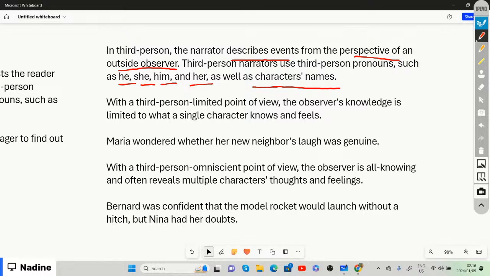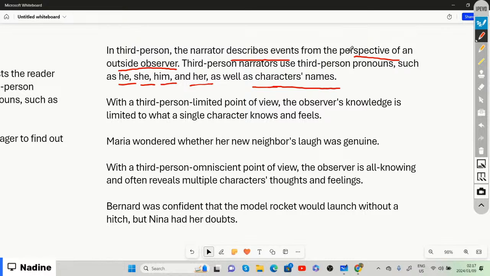And with a third person limited point of view, right? The observer's knowledge is limited to what a single character knows and feels, right? So with a third person limited point of view, remember we said that with third person, it is basically events from the perspective of an outside observer.